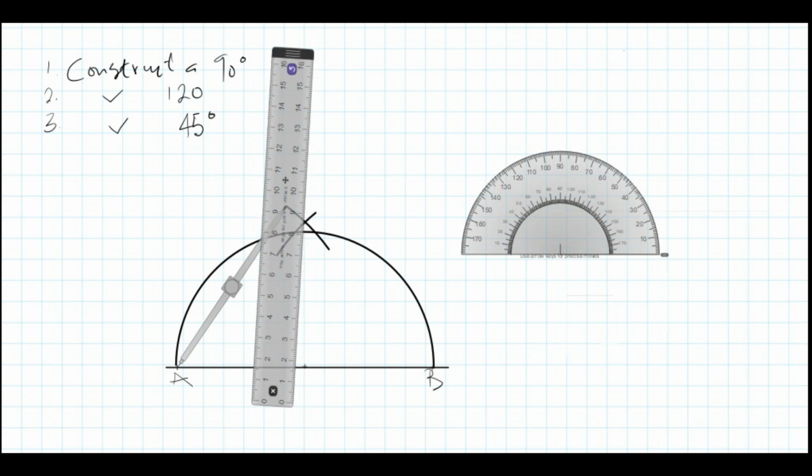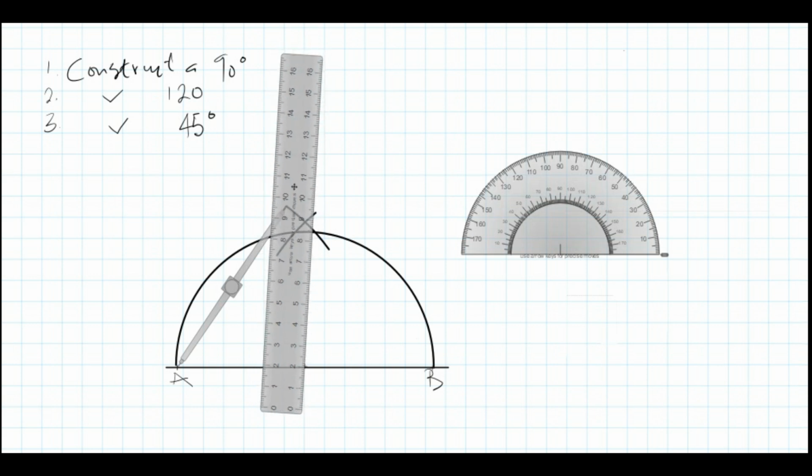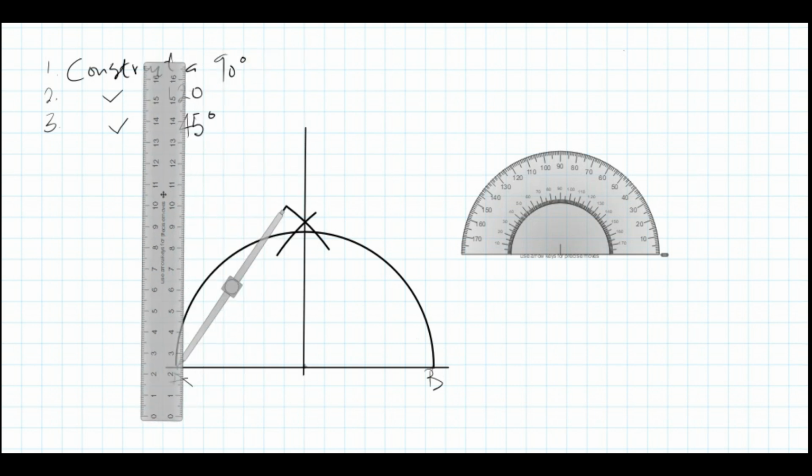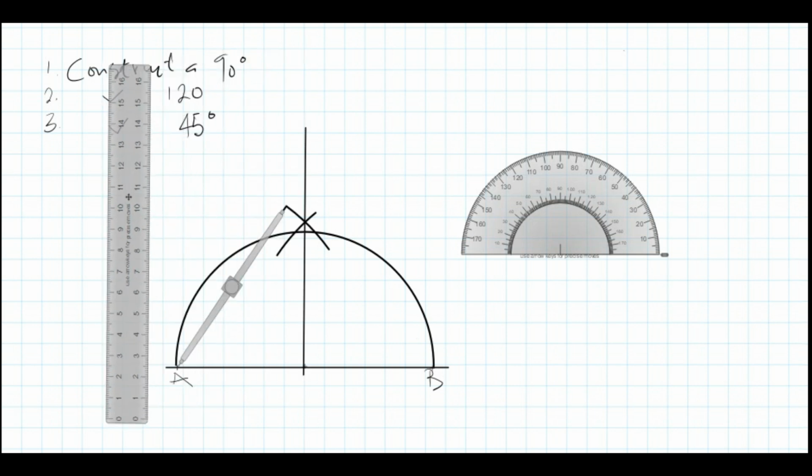Right there. Then we draw a line like that. So we have our 90 degrees angle. Very simple.